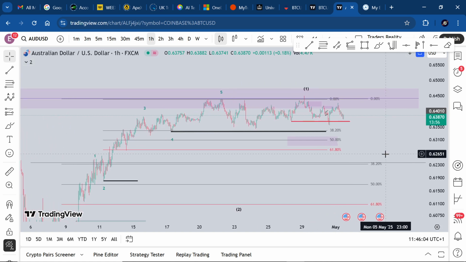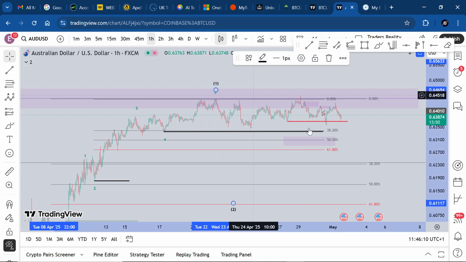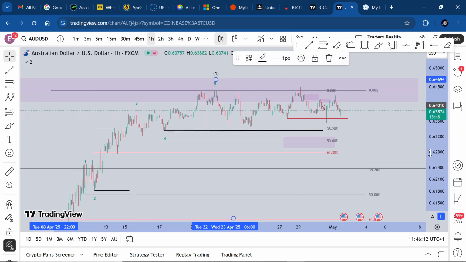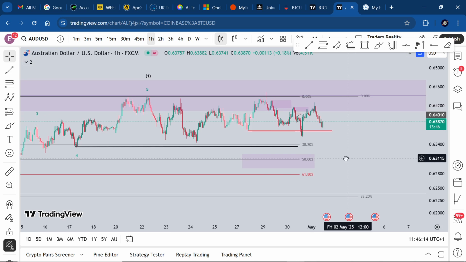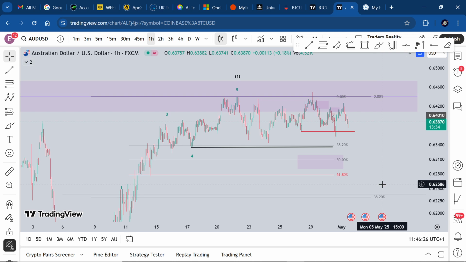It would go here. That would be 1-1. Now we could have A, so we got a 3-wave move down. B can count 3-wave move up, and we could be looking for a C and then expanded flat to the downside.